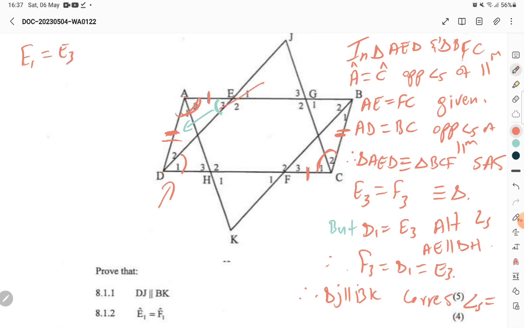And we can see that these are vertical opposite angles. They have to be equal to each other. They are always equal to each other. But we have proven that E3 is equal to F3. We did prove that, right? So we can just say proved.